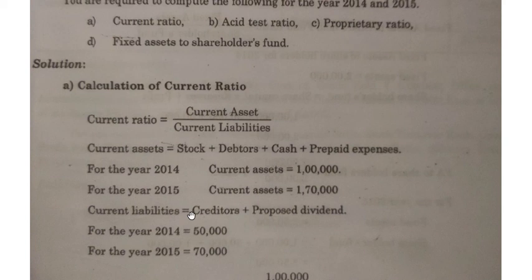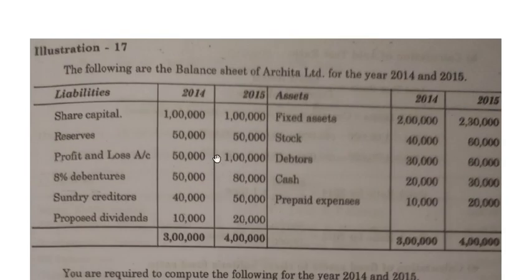So current ratio, what are you supposed to calculate? Current ratio formula is current assets divided by current liabilities, which is equal to current assets, which is stock plus debtors plus cash plus prepaid expenses. We have 2 years given, which is 2014 and 15.